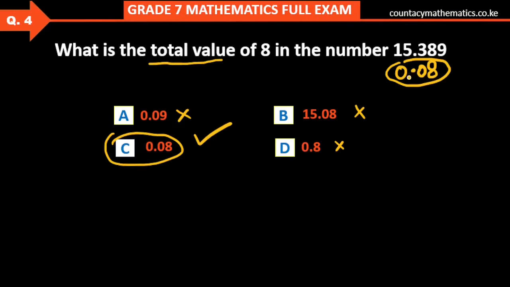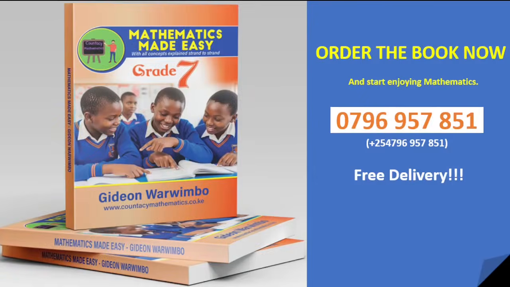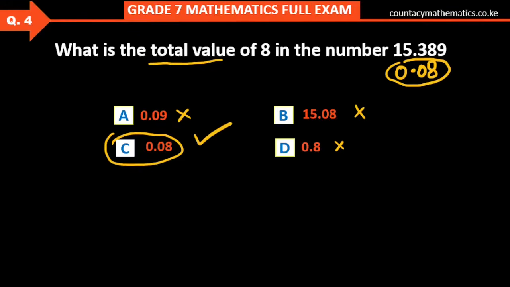Therefore, it's very important that you pay keen attention and focus as you write down the numbers as they are. But that was it for question 4. Let's move on to our next question. And remember, these are questions that are usually tested quite often, and they rarely miss in grade 7 examinations and even in consecutive examinations for KJSEA.